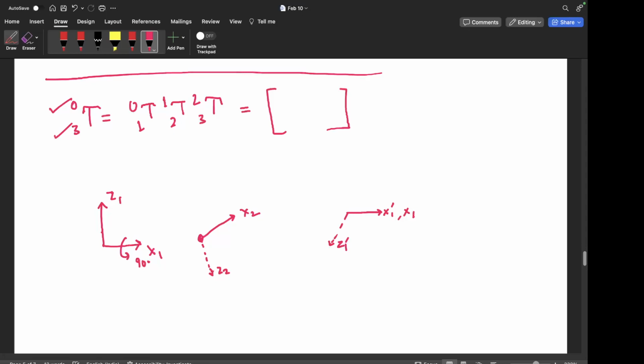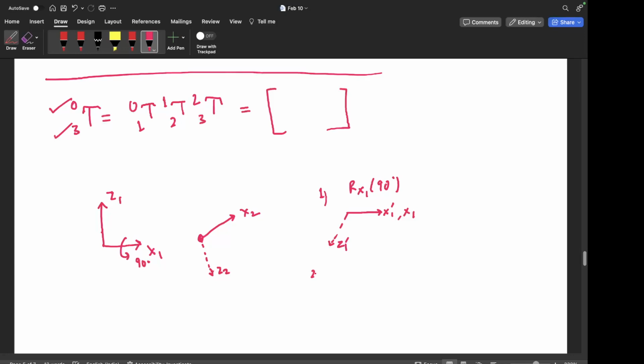We have not done any translations yet. We have not done any rotation about z2 or z1 dash yet. So the first step is this rotation about x1 by 90 degrees. This is what the intermediate frame will look like. This is not the final product, this is the intermediate product.